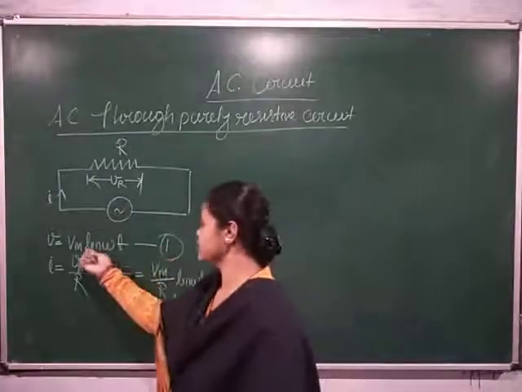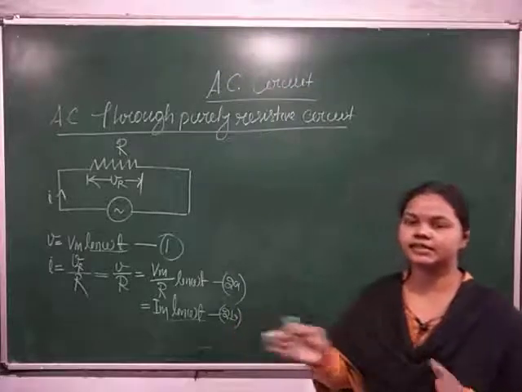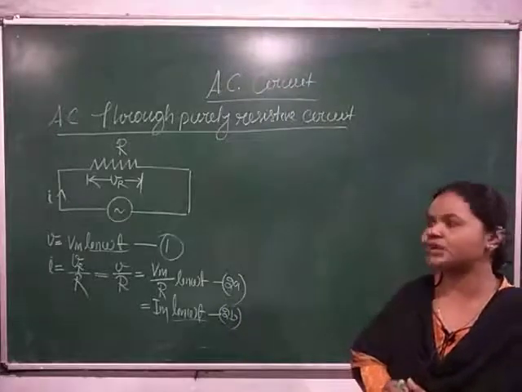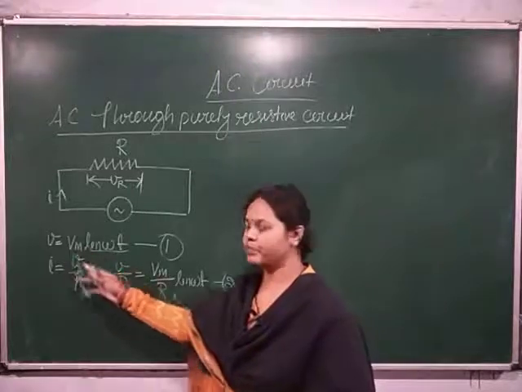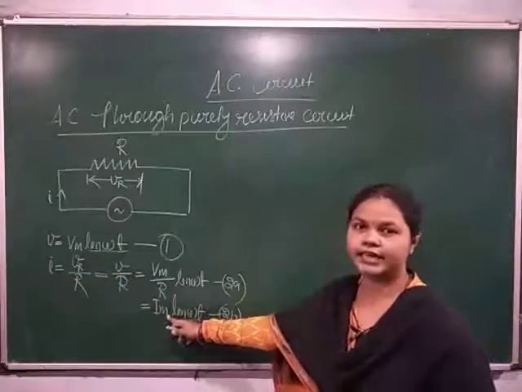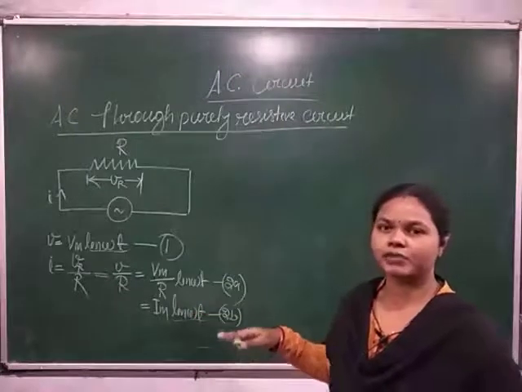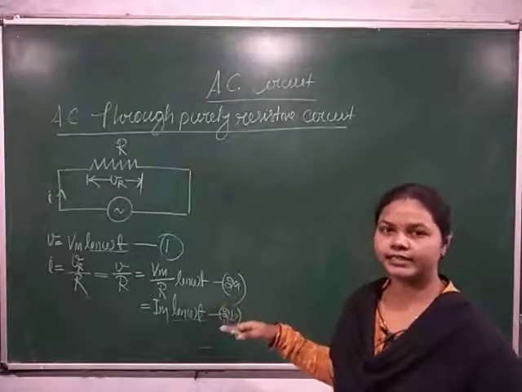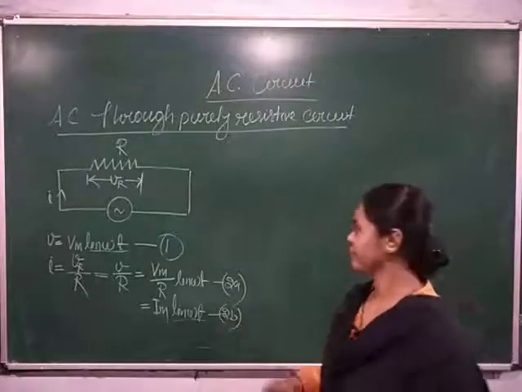Here see, it is also sin omega t. This one is also sin omega t. It means they are the same in phase but differ in magnitude. Why? Here the voltage magnitude is Vm and the current magnitude is Im. Now we will see how you represent the voltage and current quantities in phasor and also in waveform.